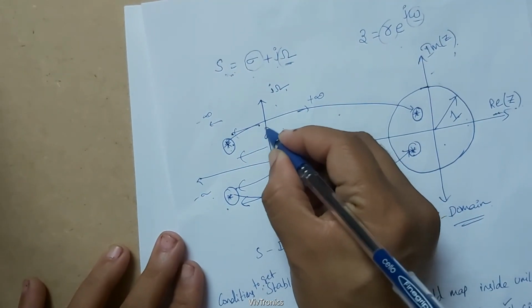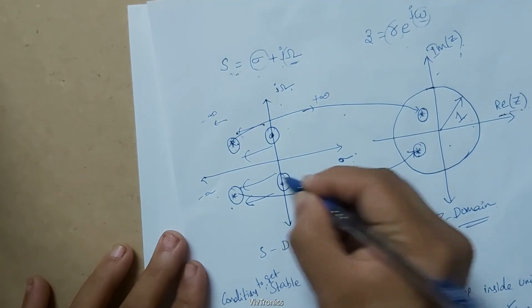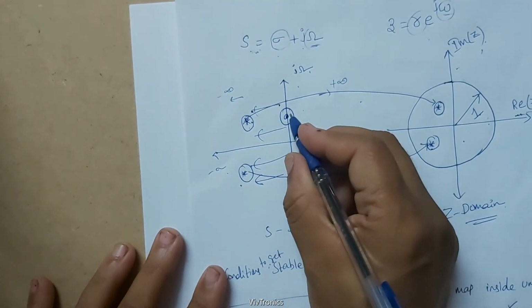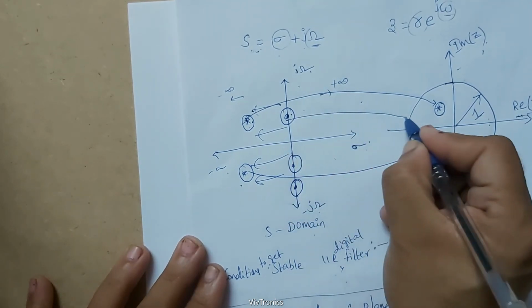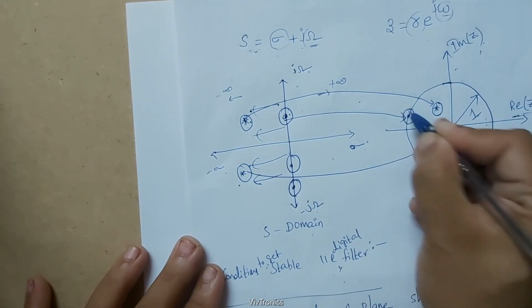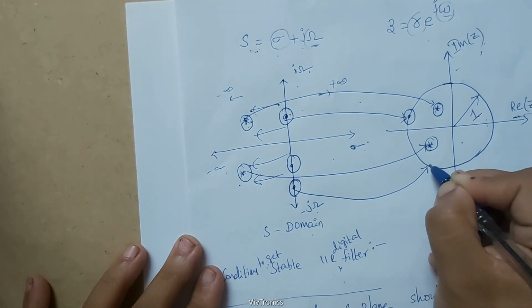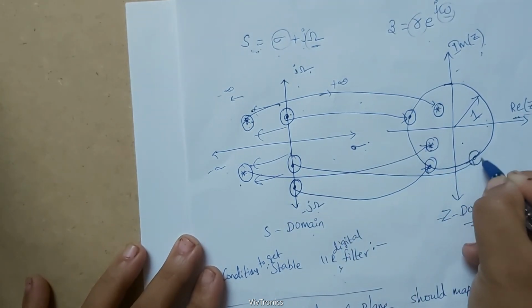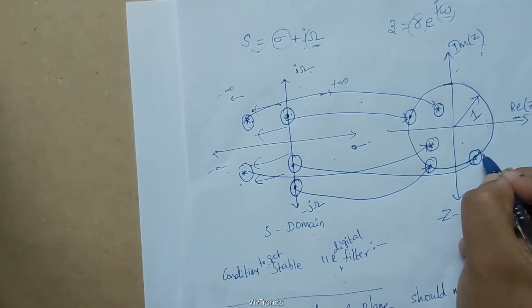This axis, which I am representing with dots and circles, should map onto the unit circle, wherever it can be.